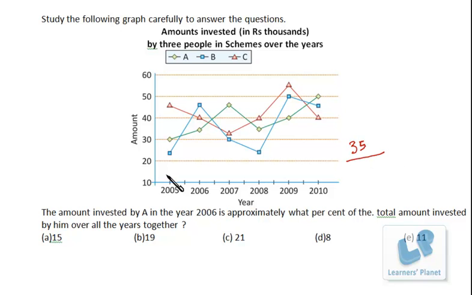In the denominator we have to add up all the data of A. So it's 30 plus 35, 65, 65 plus 45, 110, 110 plus 35 is 145, 145 plus 40 is 185, 185 plus 50 is 235, right? Into 100.